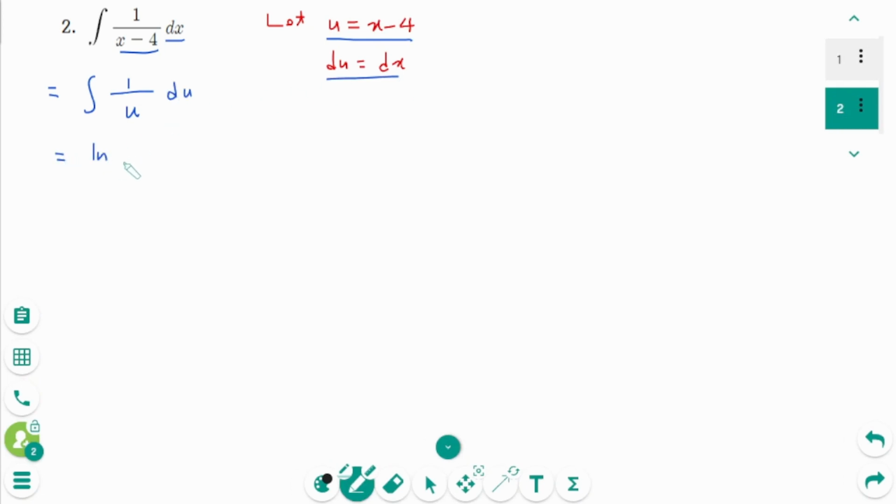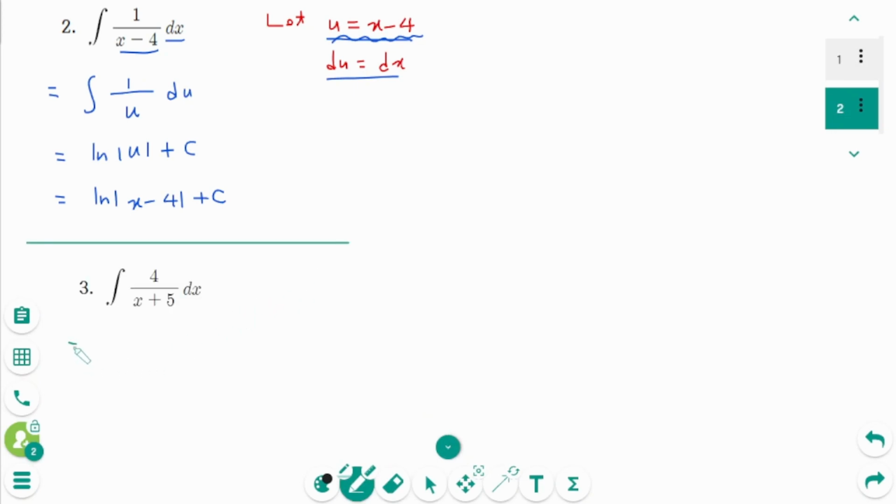This equals ln absolute value of u plus c, which equals ln absolute value of x minus 4 plus c. What we are going to organize here is that the coefficient of x in the denominator is 1 during integration. There is no need to use u-substitution, just think of it as x.